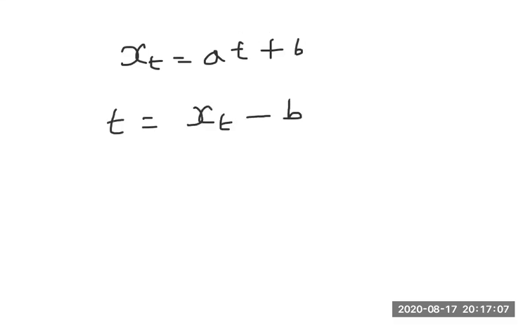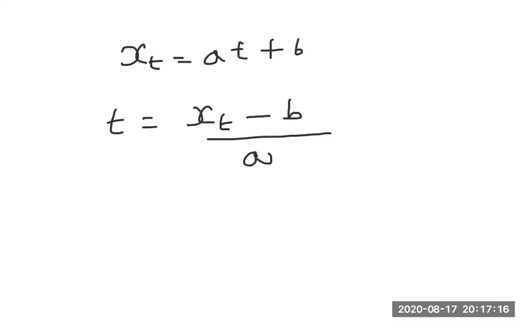Now what will be the relation for temperature? I told X(t) = at + b. I want the value of T, so I can write T = (X(t) - b)/a.